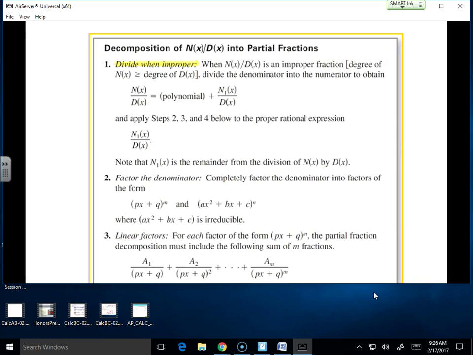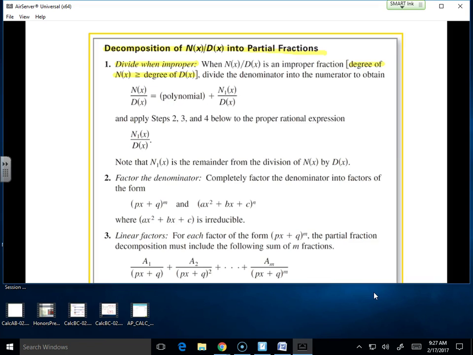Divide when improper. Step 2, decompose some sort of rational function into its partial fractions. First of all, we have to look at it and say, are you improper? And what does it mean for a fraction or a rational function, which is a fraction of functions, to be improper? Degree of the top is greater than or equal to degree of the bottom.